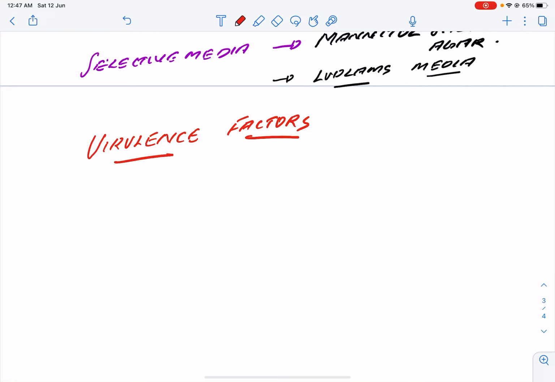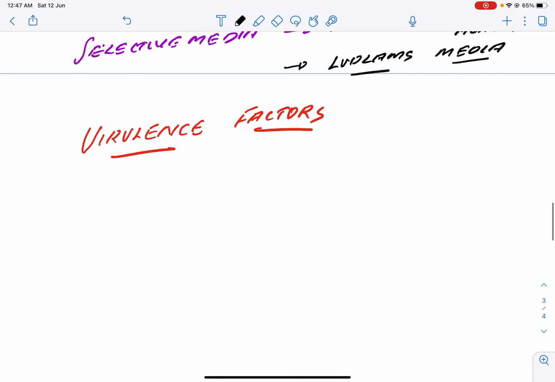Remember, it includes, first one, virulence factor means the disease causing agent, or the factors for the disease causing capacity of this bacteria, that is protein A.